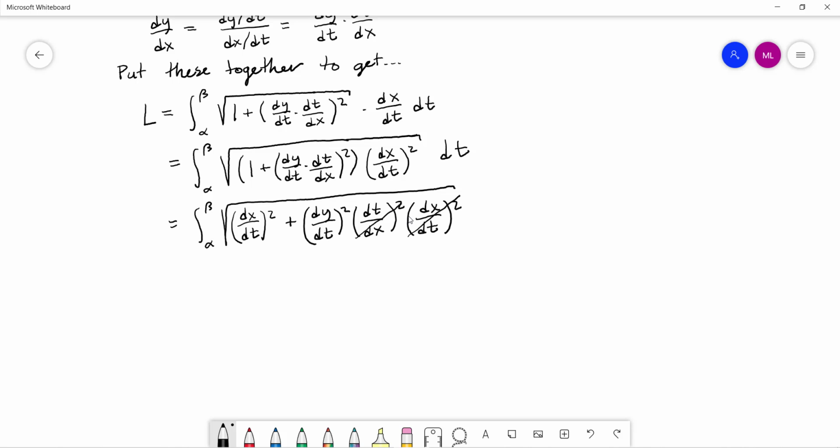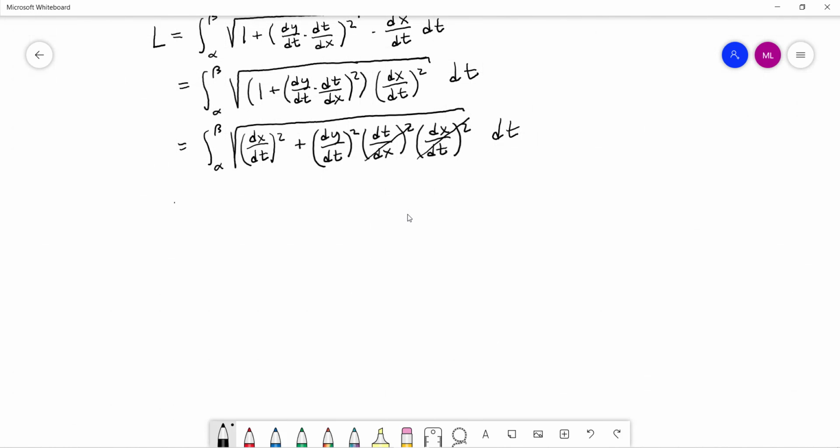So all those pieces will cancel. And what we'll be left with is simply the integral from alpha to beta of a nicer looking formula, the square root of dx dt squared plus dy dt squared, dt.